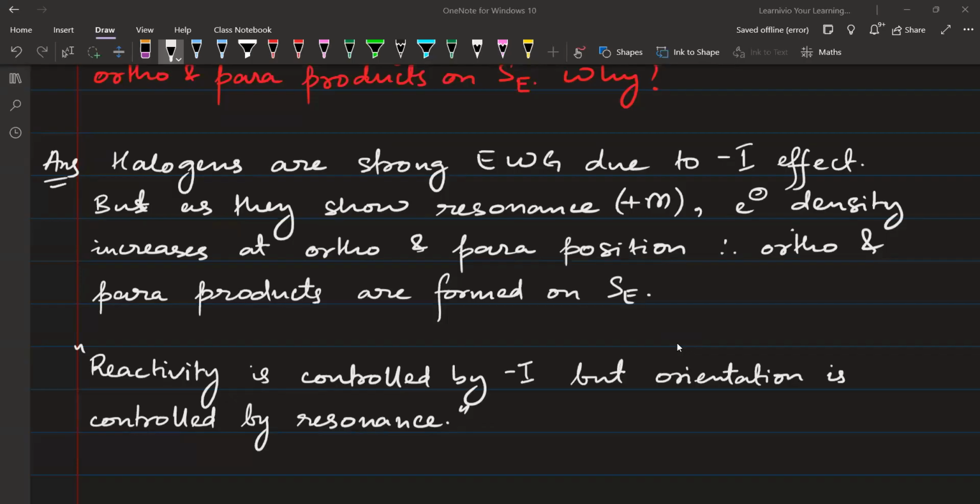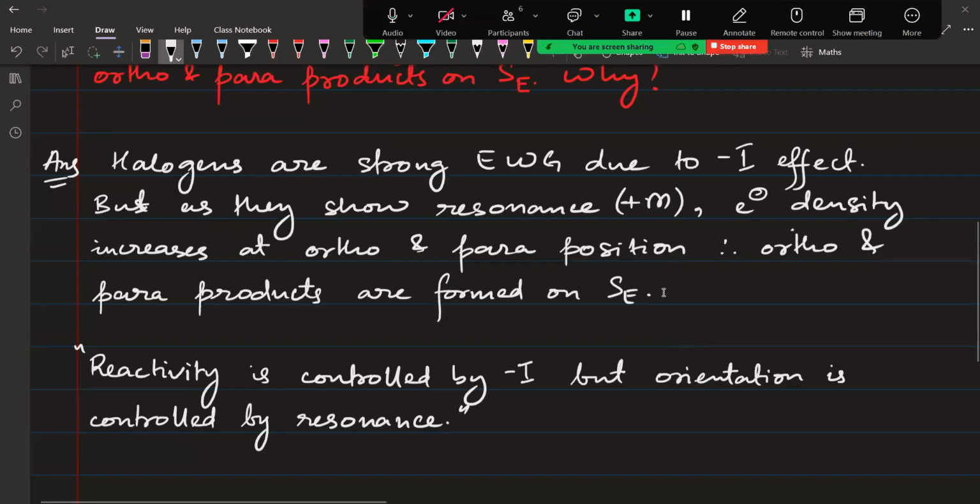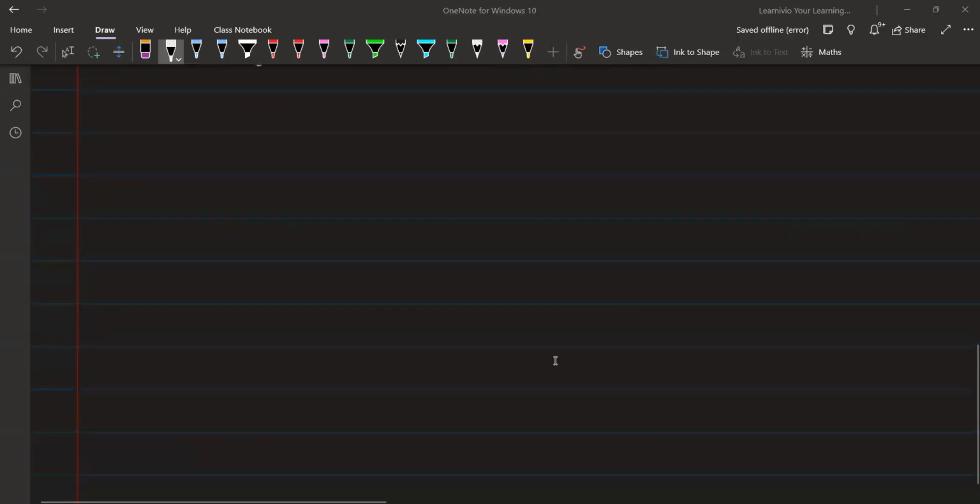All of you are done, so you can move on. Now, after electrophilic substitution, we have a small topic of haloarine, that is nucleophilic substitution. Please write the heading.